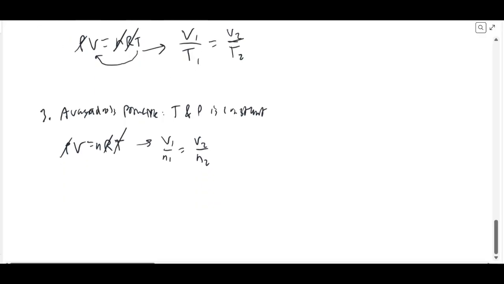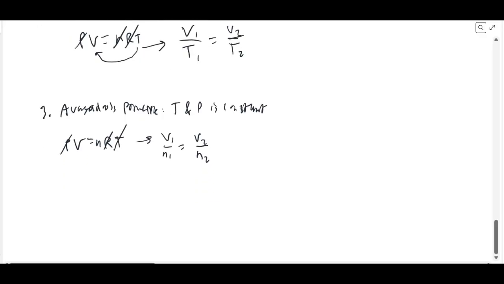What this basically means is that for our system to stay constant at constant temperature and pressure, when we increase our volume, evidently we'll have to have more moles in our system. So the number of moles will have to increase, and vice versa. If we decrease volume, then the number of moles will have to decrease.